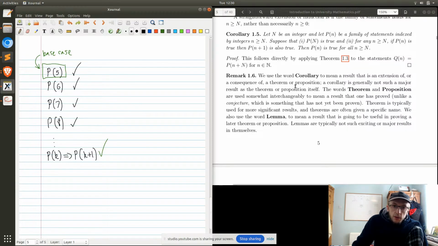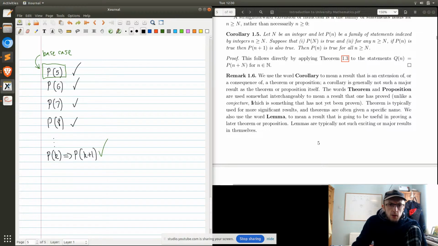So yes, we use the word corollary to mean a result that is an extension of or a consequence of a theorem or proposition. A corollary is generally not such a major result as the theorem or proposition itself. The words theorem and proposition are used somewhat interchangeably to mean a result that one has proved, unlike a conjecture, which is something that has not yet been proven.